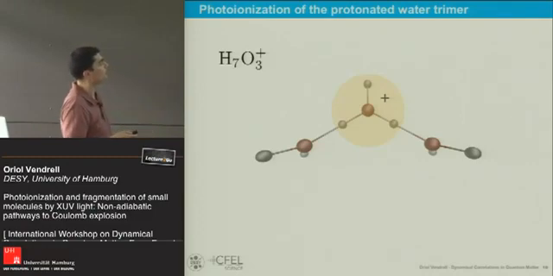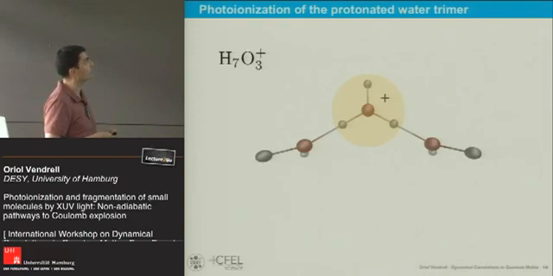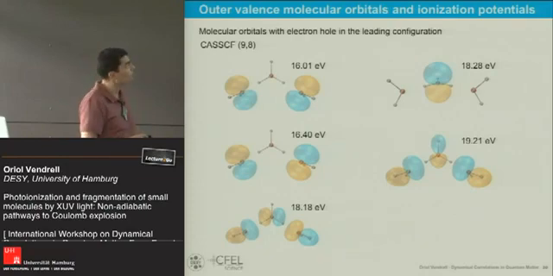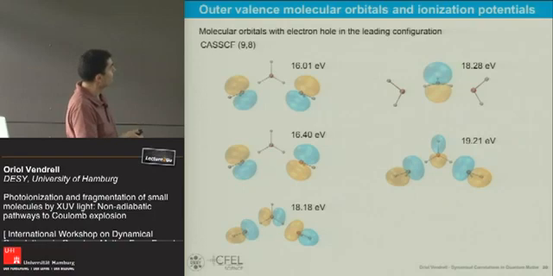But let me show you what we have on this molecule that we have started to work on shortly. So now again, we have a set of orbitals that correspond to removing electrons from different parts of the system. So basically, at 16 electron volts, we would be removing electrons from these orbitals in the external water molecules. Now a little bit higher, these are orbitals that are involved in the hydrogen bonding of the system, so they would come a bit deeper.